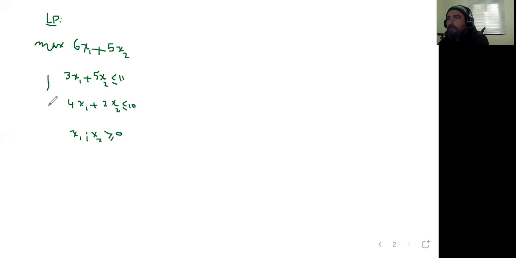So that was the problem we saw graphically last time. Now let me first write it in standard form before moving to the solution.